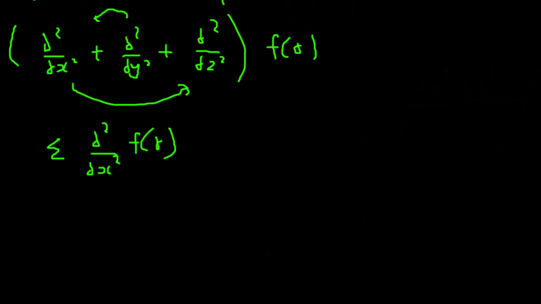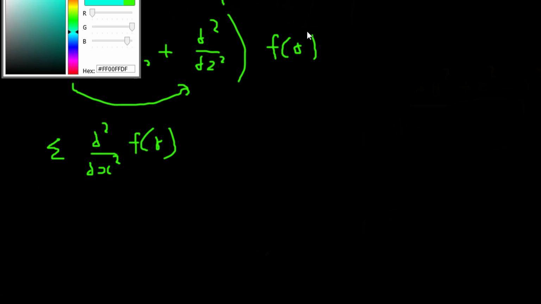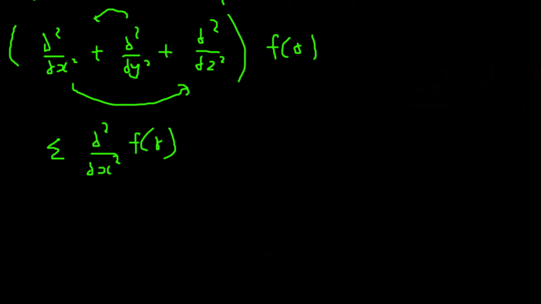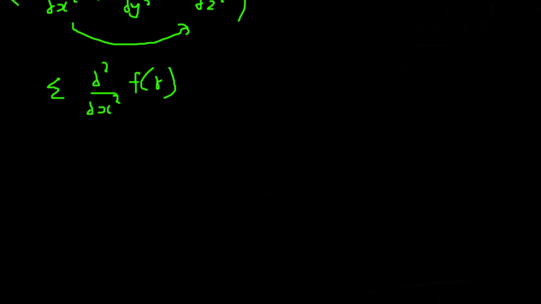We can also write y or z because it's all the same thing, but I'm writing x because x is more common, I believe. Nothing remains much, we are just going to simplify this and reach the answer very soon.